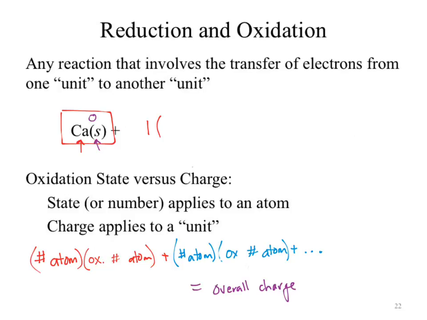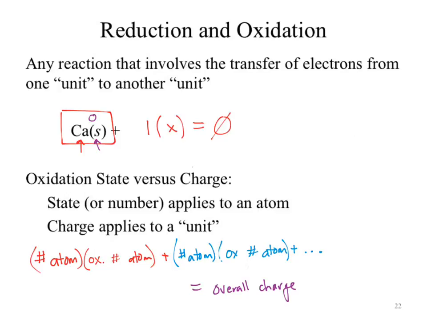It is X. What's the next atom? There isn't one. Okay, so I don't have to add plus. I can just do an equals. This now equals the overall charge. What is the overall charge on that molecule? 0. What is the oxidation number? 0. There it is.